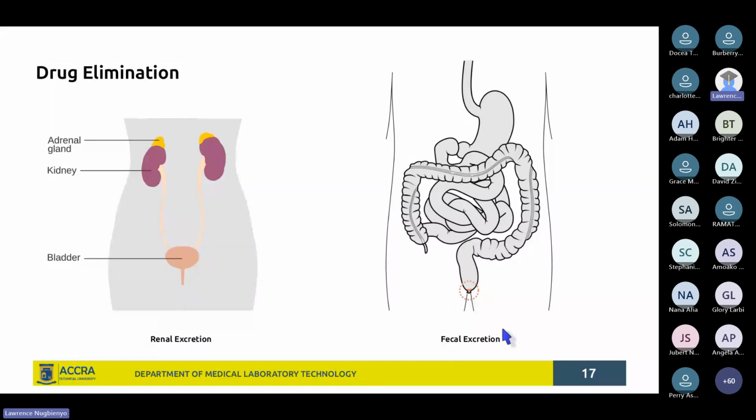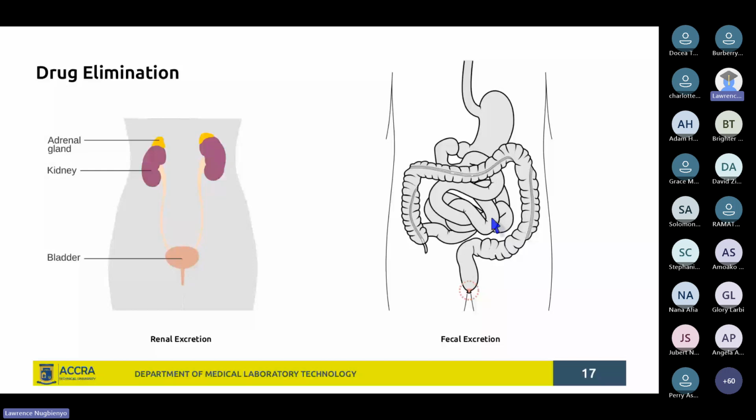Here, when the drug is taken in orally, part of it, unmetabolized and unabsorbed, just binds to intestinal substances, the food, and goes down the digestive pathway and gets excreted in fecal matter.